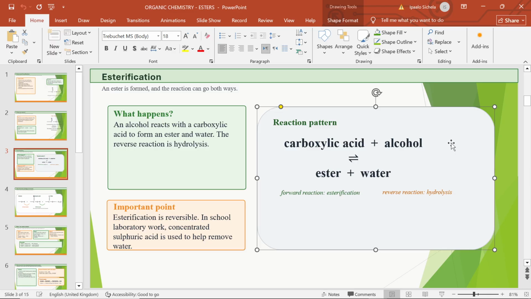Otherwise, if you do not add concentrated sulfuric acid, the water that is formed as well as the ester will react again to form the carboxylic acid and an alcohol, and you'll be back to square one. So that's why sulfuric acid is added to remove water, to prevent hydrolysis, which is the reverse reaction of esterification.